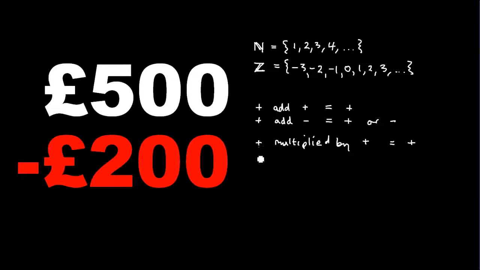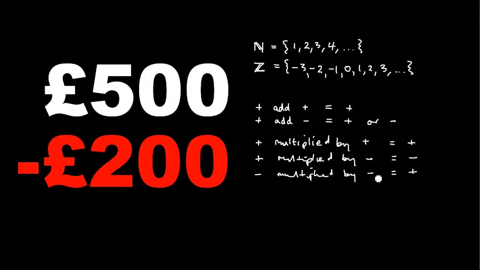But if we get a positive multiplied by a negative, then what that will give us is a negative. So fairly straightforward. A positive multiplied by a negative will always give us a negative. But if we have a negative multiplied by a negative, then, as we've seen, they'll cancel each other out and we end up with a positive.